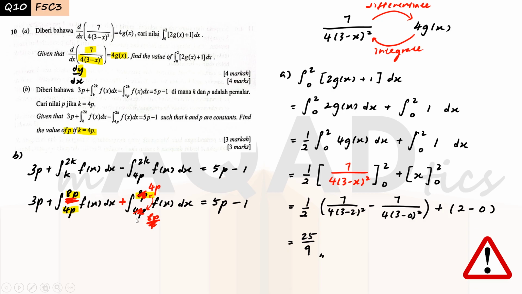Once these two values are the same, I can combine these two integrals to become something like this. Inside the integral it will be the same, which is f of x dx. Then for the upper limit, I will use this one, the lower limit, I will use this one. And then don't forget the 3p.